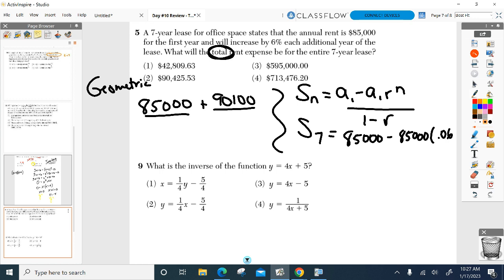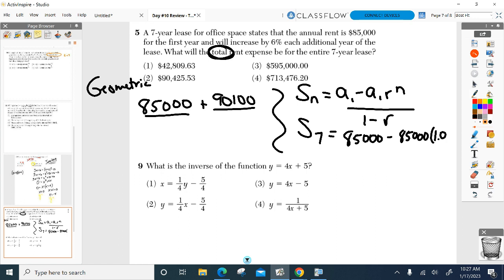No. Is 85,000 times 0.06 that 90,100? No, right? What was I multiplying by then? I've given you a trick for how to figure it out: take a term and divide by the previous. Go ahead, 90,100 divided by 85,000. That'll tell you what we're multiplying by. That's your R value.